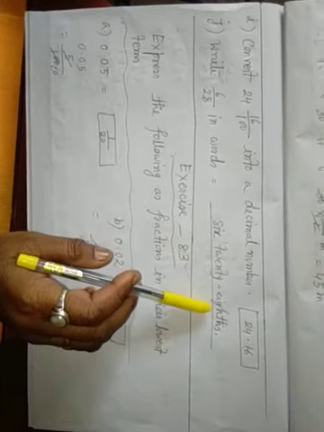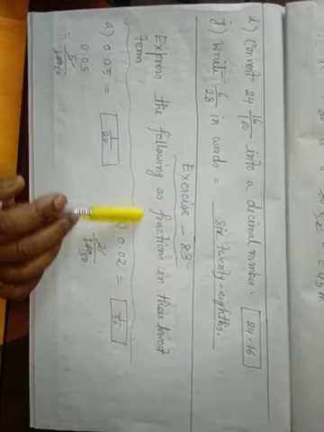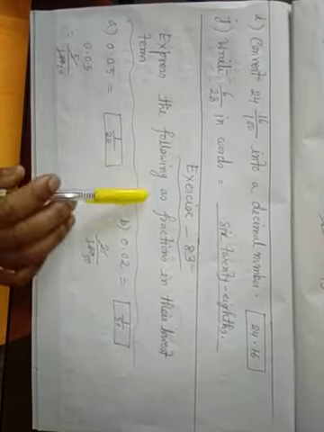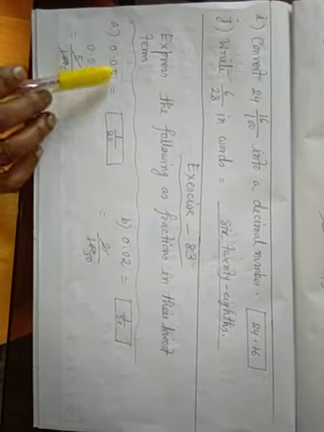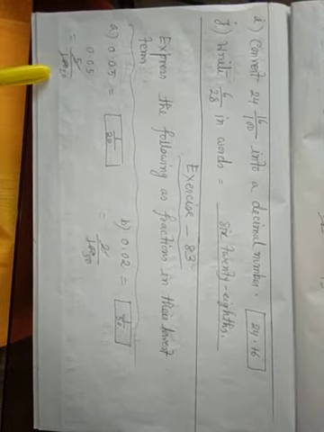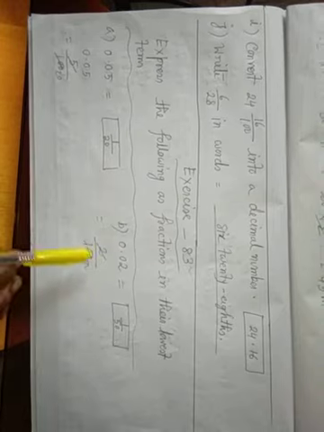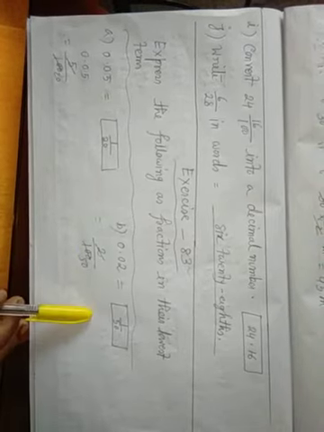Okay. Now I start exercise 83. Express the following as fractions in their lowest terms. A, 0.05 means 5/100, that is 1/20. B, 0.02 equal to 2/100, that is 1/50.